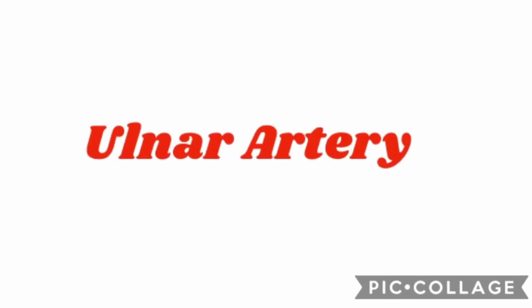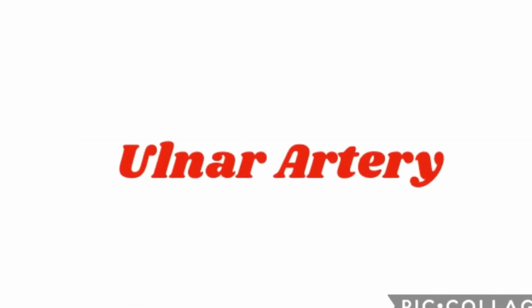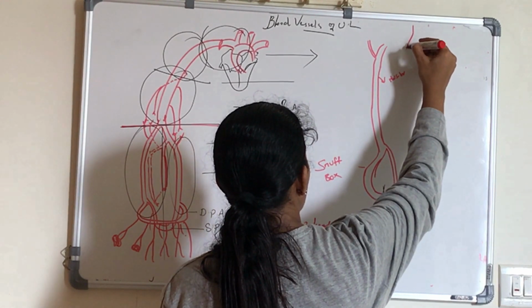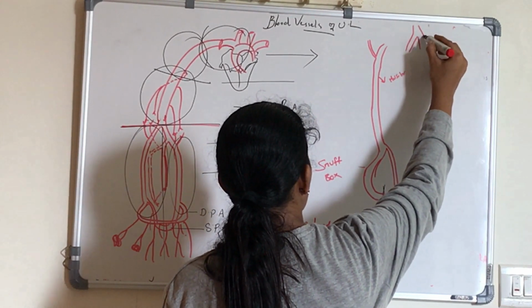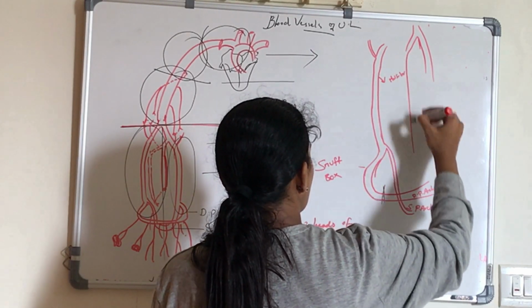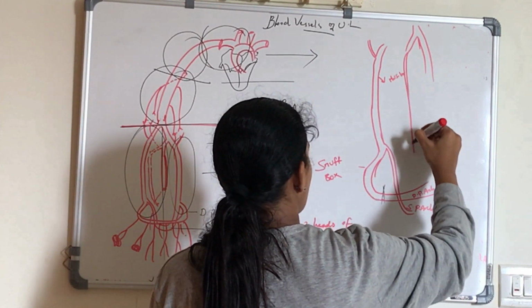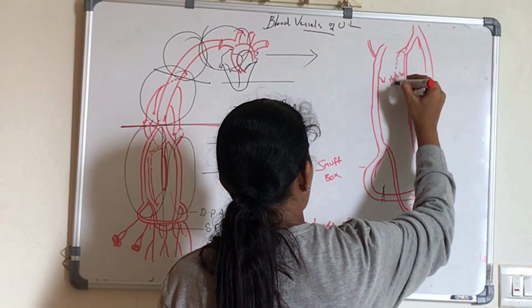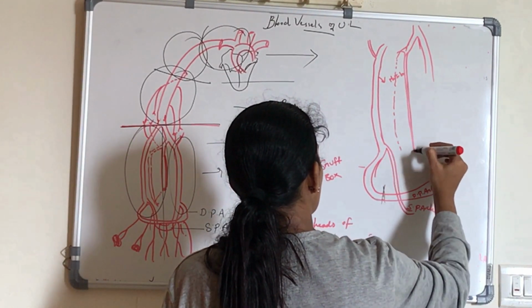Now the ulnar artery, it gives the common interosseous branch. The common interosseous gives the anterior interosseous and posterior interosseous.